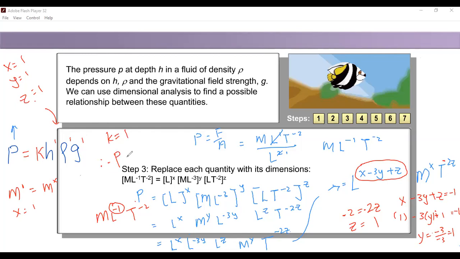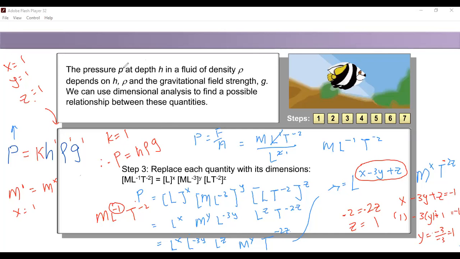So as a result, we prove that the P, how is the formula? Formula is hash rho G, because 1, 1, 1. So this is used to check, to derive the correct, the possible formula for P. Because here we don't know P, how is it?